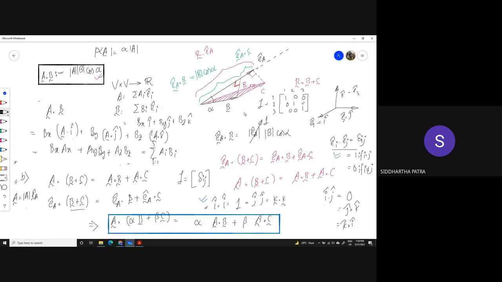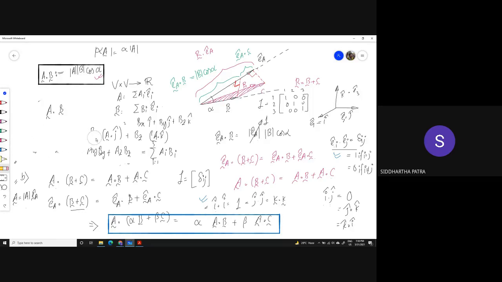The projection of B on A and the projection of A on B would have similar but slightly different expressions.